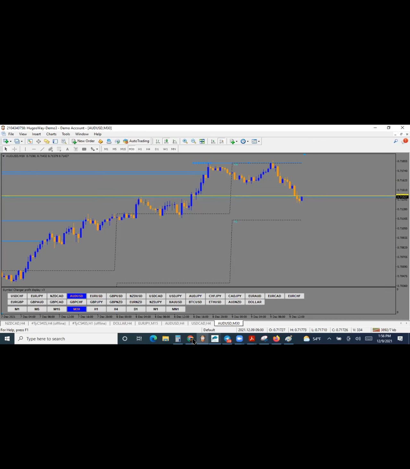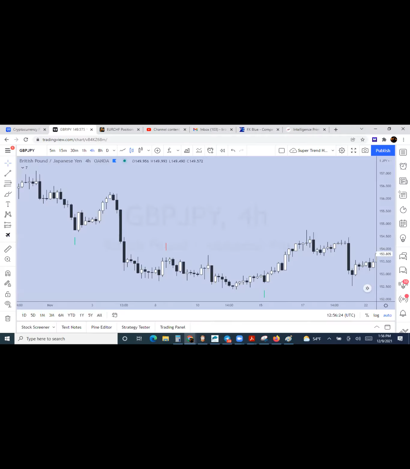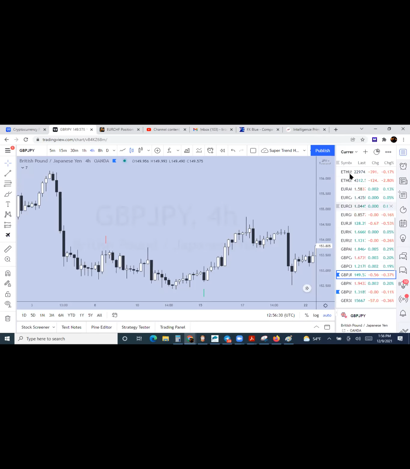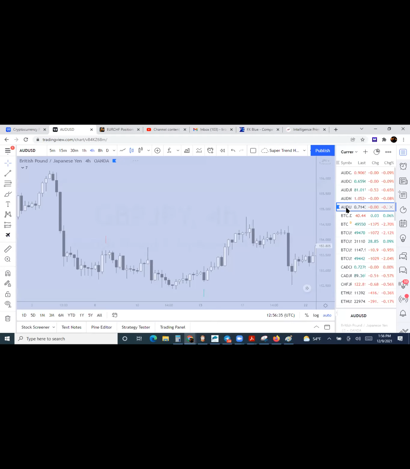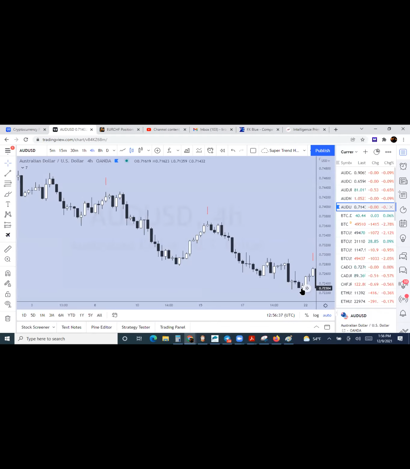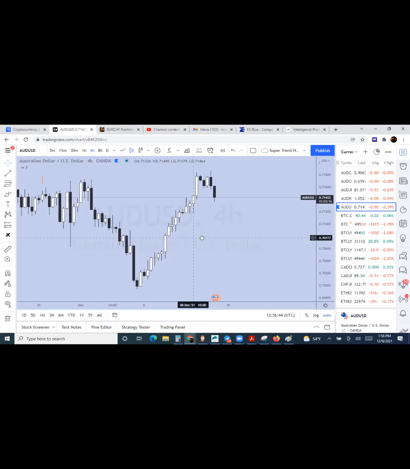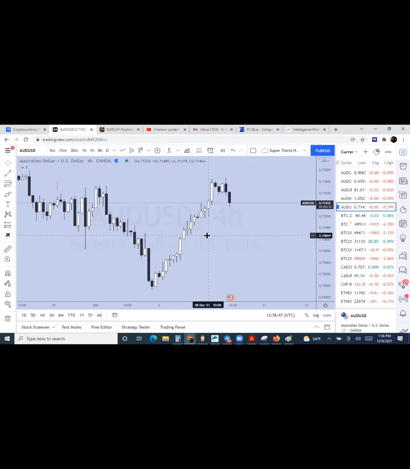Let's see this on H4 AQZ, H4 PC. Let's see AUD USD. All right, so this AUD USD on H4.